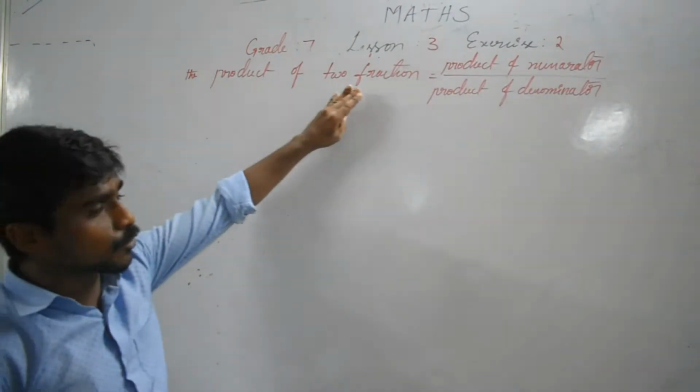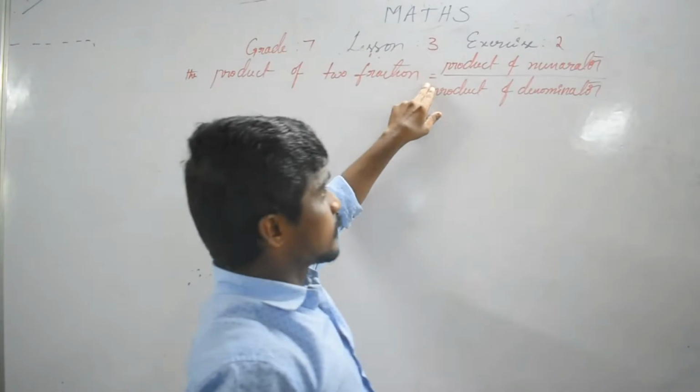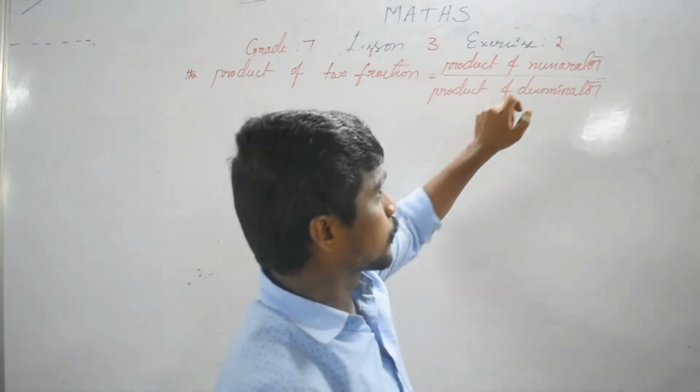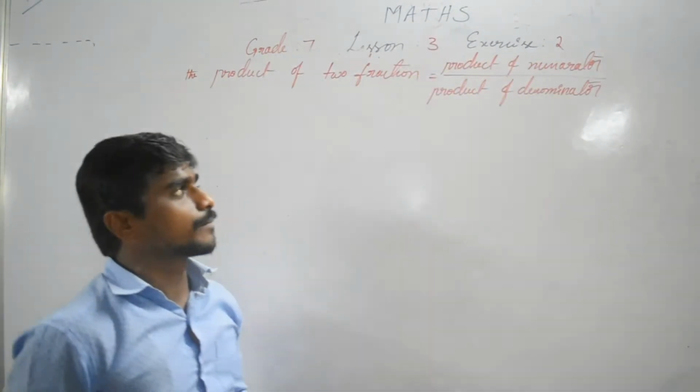The product of two fractions is equal to the product of the numerators over the product of the denominators.